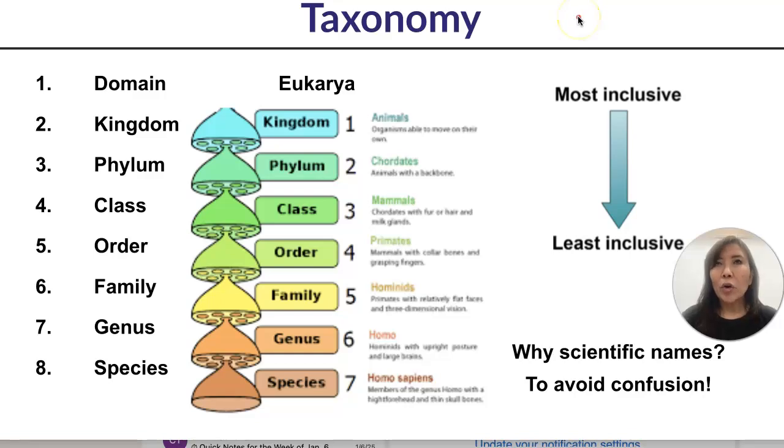And one way for us to really stay organized as we look at this diverse set of species is to use what's called taxonomy. We'll visit taxonomy later on when we look at the animal kingdom and the plant kingdom in a little more detail, but just to introduce you guys to this, right?